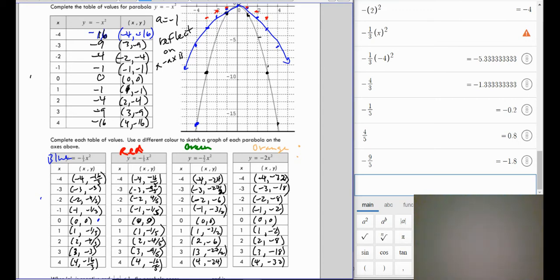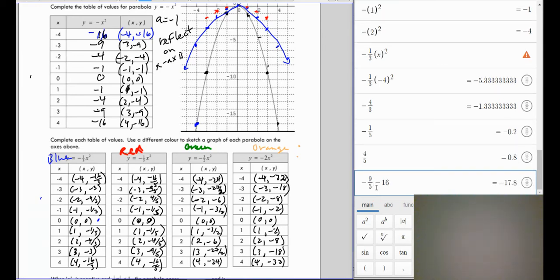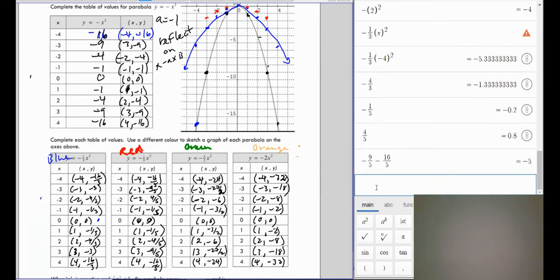And finally, what is negative 16/5? Negative 3.2. So over 4 and down 3.2.